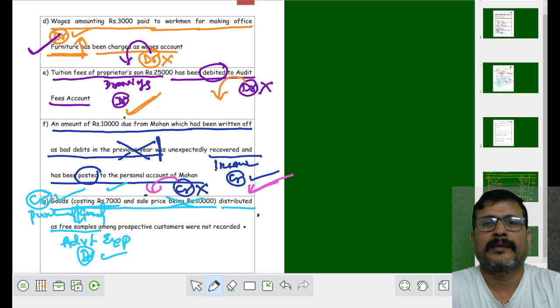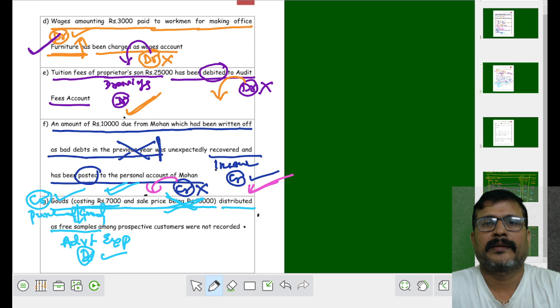When you people are distributing the goods as a free samples, you are not selling the goods to customer. So selling price is not to be taken. We have to take only cost price. Secondly, what kind of goods that you are distributing? We are distributing only those goods which are purchased, right? Nothing else.